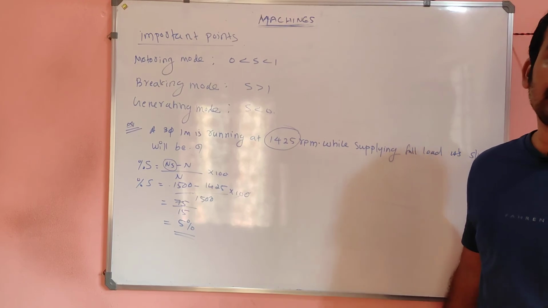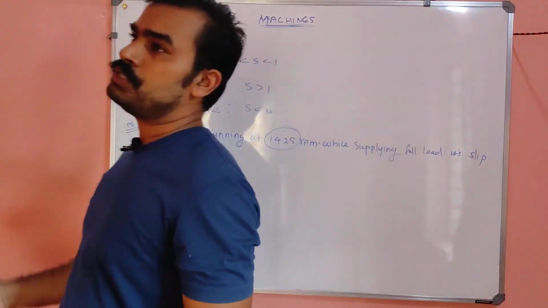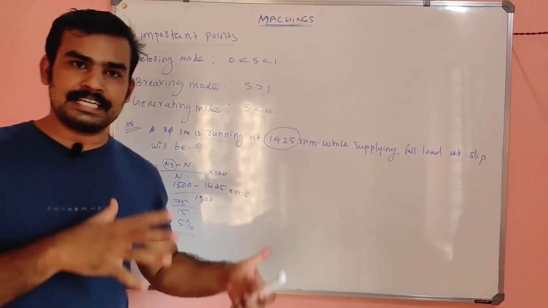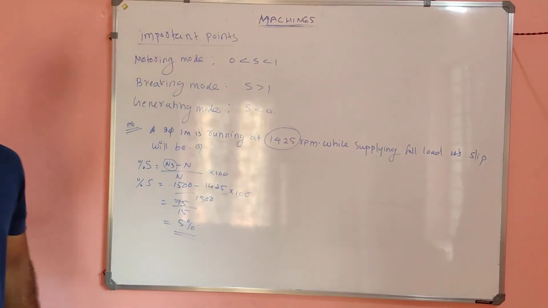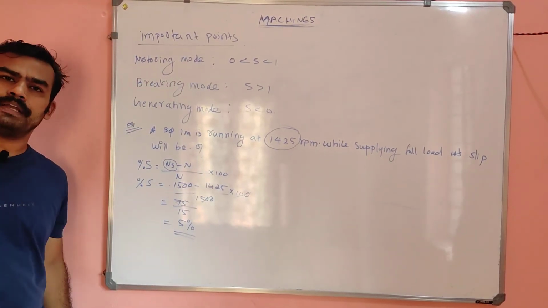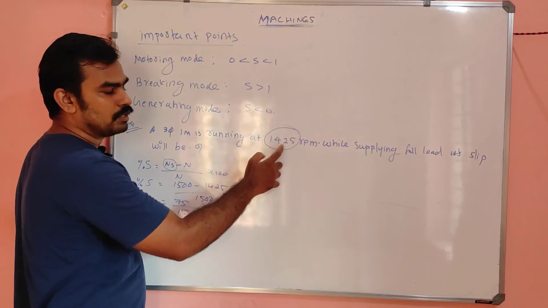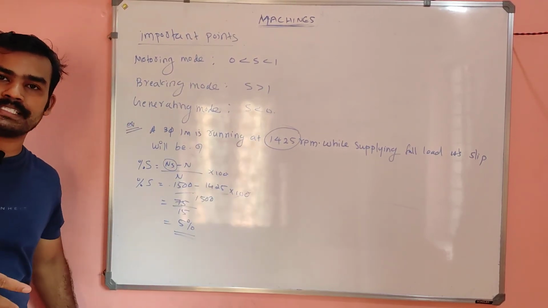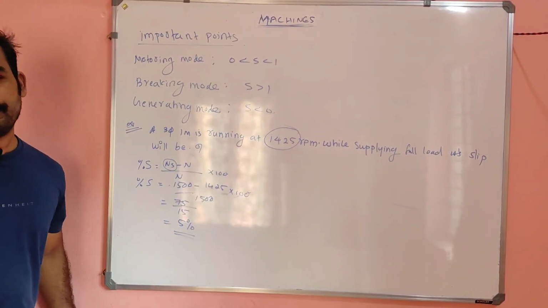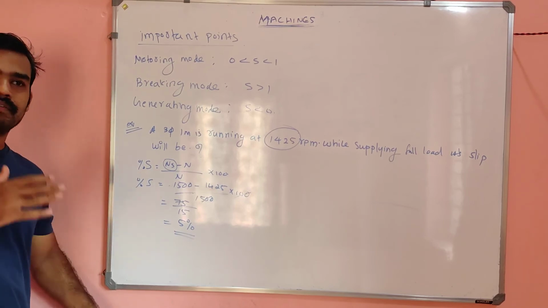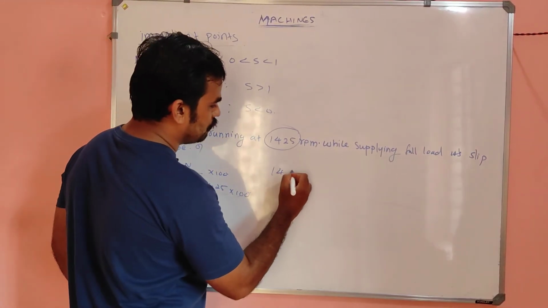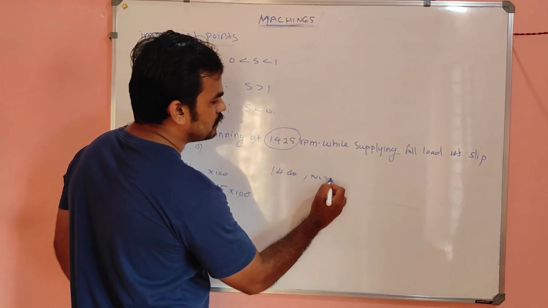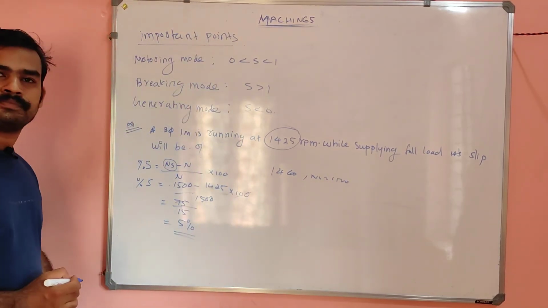If you don't have any values for finding synchronous speed, then you have to take a speed which is near to the rotor speed, and that is assumed to be the synchronous speed. Suppose you have 1460, then you have to take Ns equal to 1500.